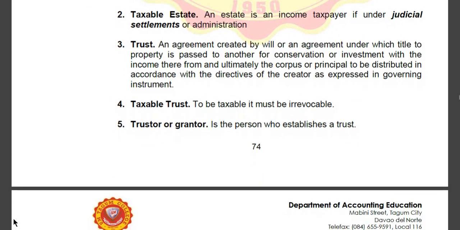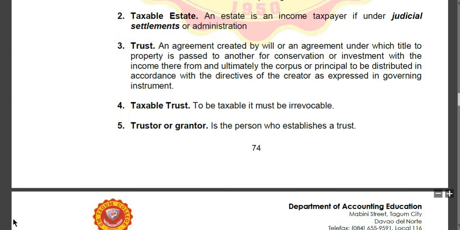The second one is trust. A trust is an agreement created by will or an agreement under which title or property is passed to another for conservation or investment, with the income therefrom and ultimately the corpus or principal to be distributed in accordance with the directives of the creator as expressed in the governing instrument. So basically in a trust, there is what we call a grantor, a trustee and the beneficiary.